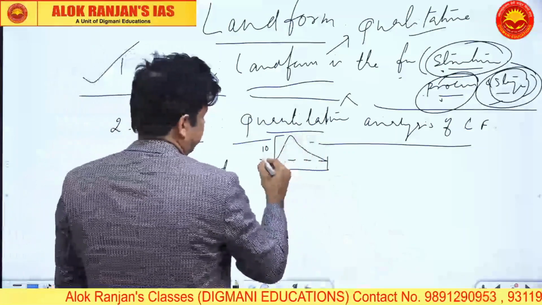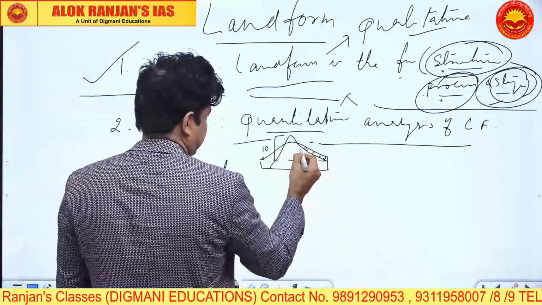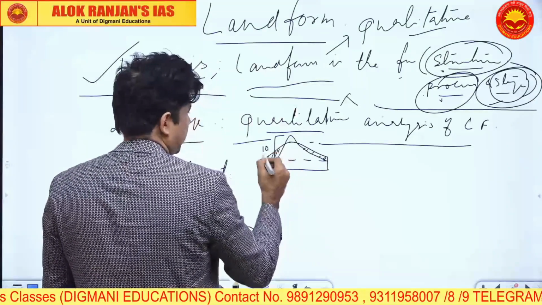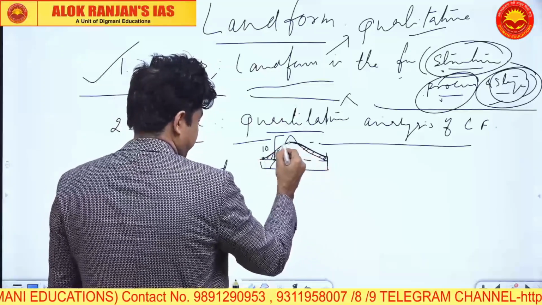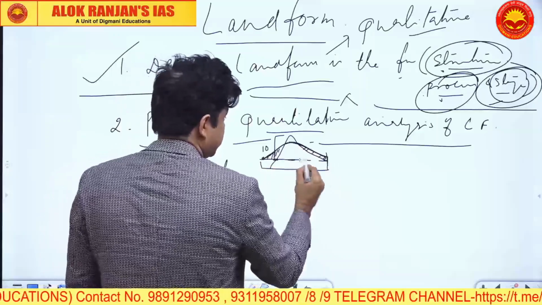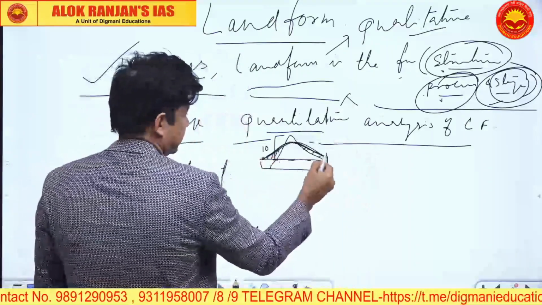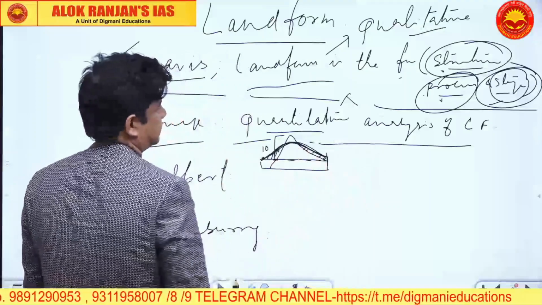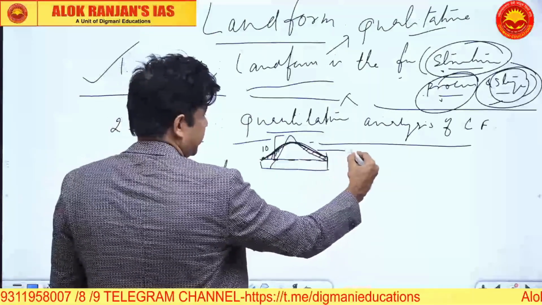So this material will be distributed down the lower slope. Look at this lower slope. And what we get to see today, or the landscape which we receive today, is this hill, is this kind of a structure. So this new structure is a reality.